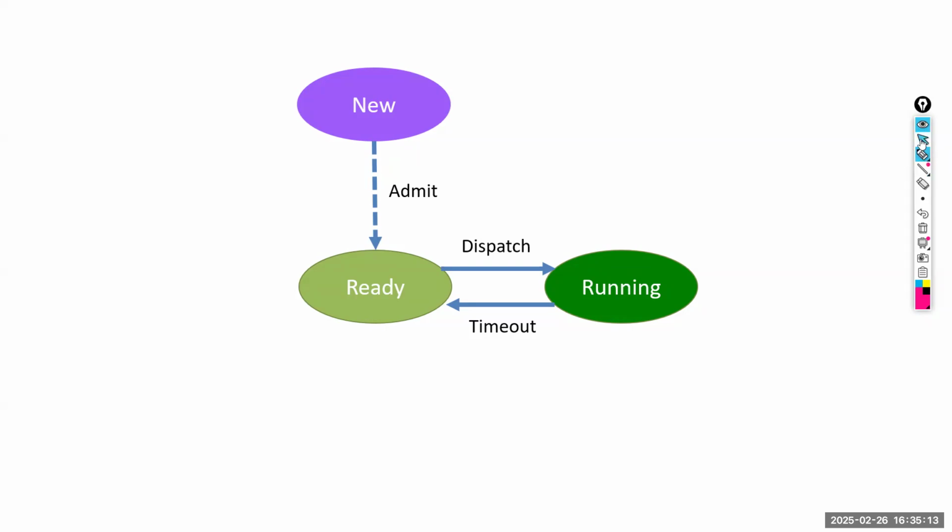But for the exam, most of the time you can assume a single processor. So at a time, only one program is in the running state, and many programs are in the ready state. It can move between ready and running many times: timeout, back to ready, then you get a time slot again, and the program runs another portion.